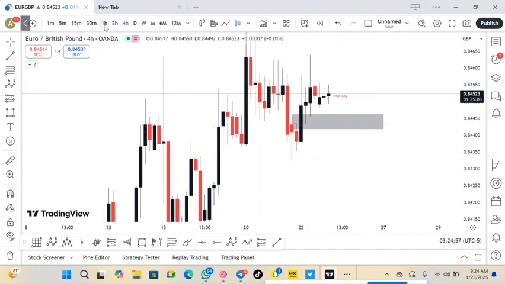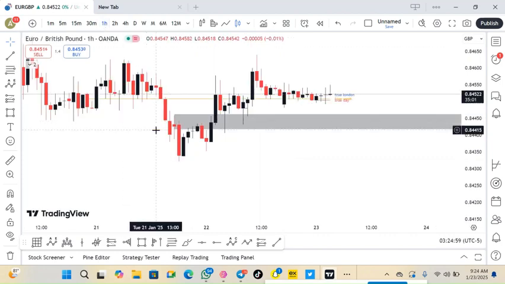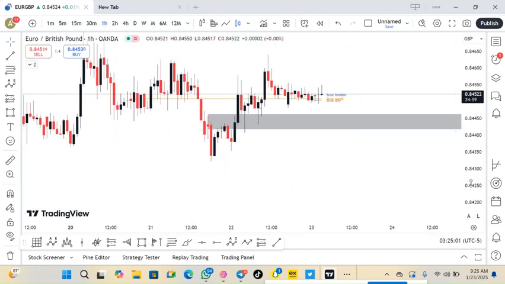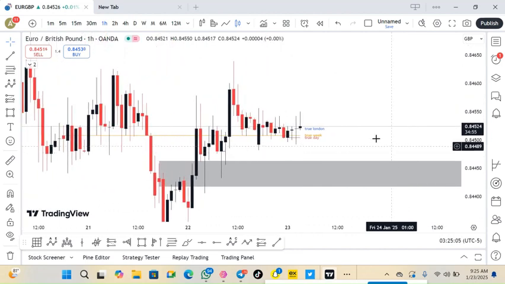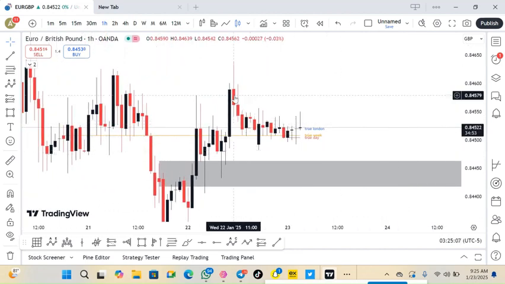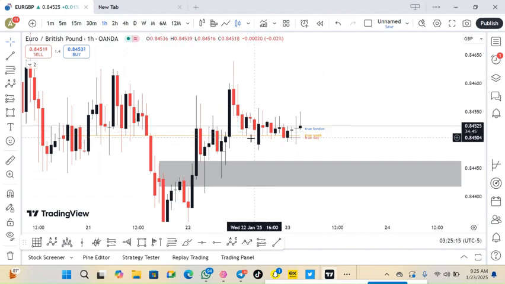So let's go to 1 hour. In 1 hour, what are we supposed to be looking at? We're supposed to look for a pullback, which is going to be the liquidity generated for institutions to buy into their positions.